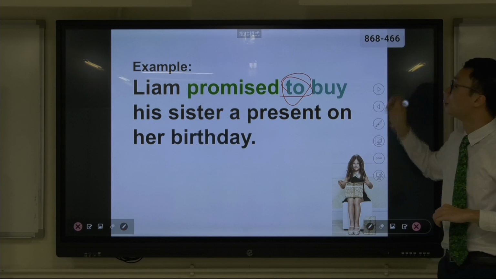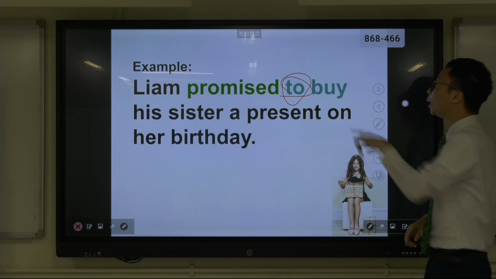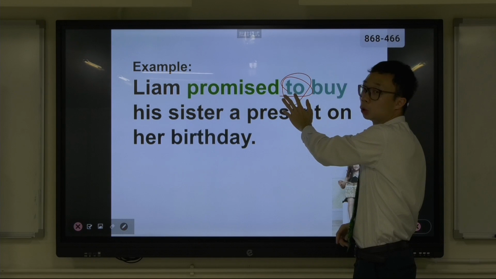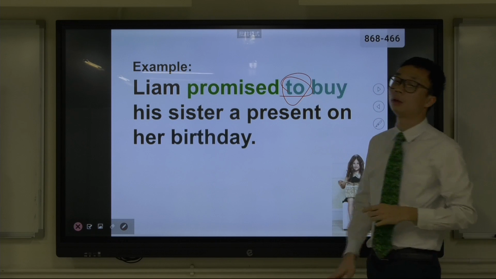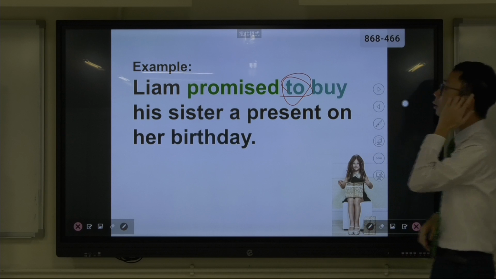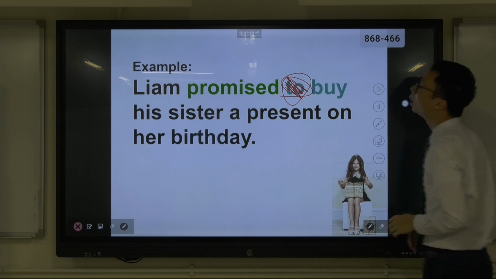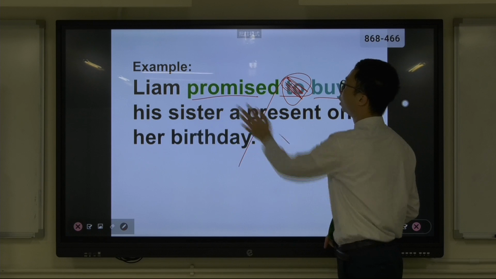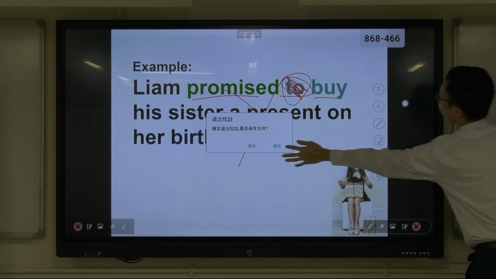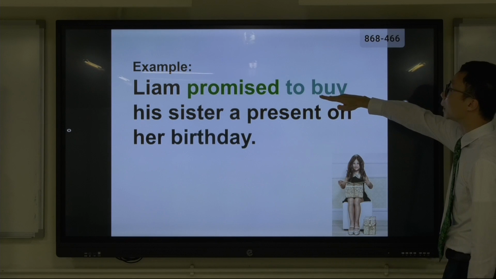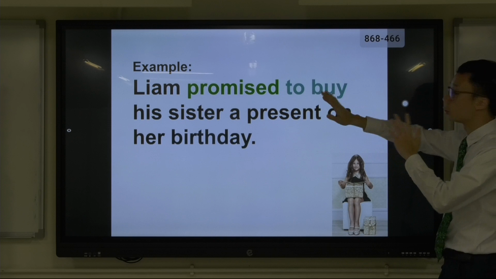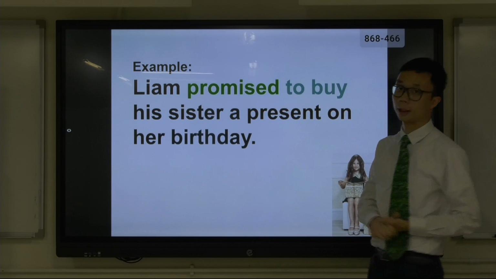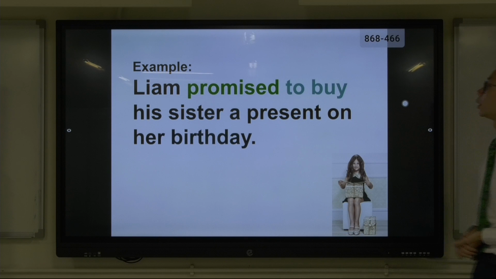Without the to, the sentence would have two verbs, promise and buy, and it would be wrong. So Liam promised to buy his sister a present on her birthday.